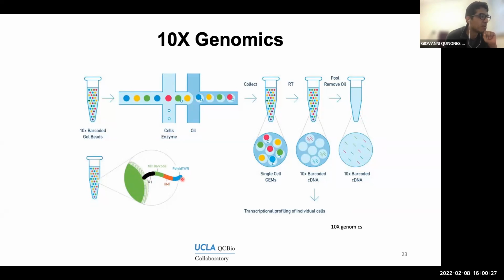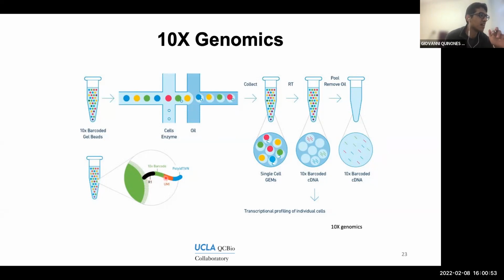The blue part over here is a poly-T sequence, followed by a UMI sequence, and then followed by the 10x barcode. And lastly, this R1 sequence, which is used for the amplification step.